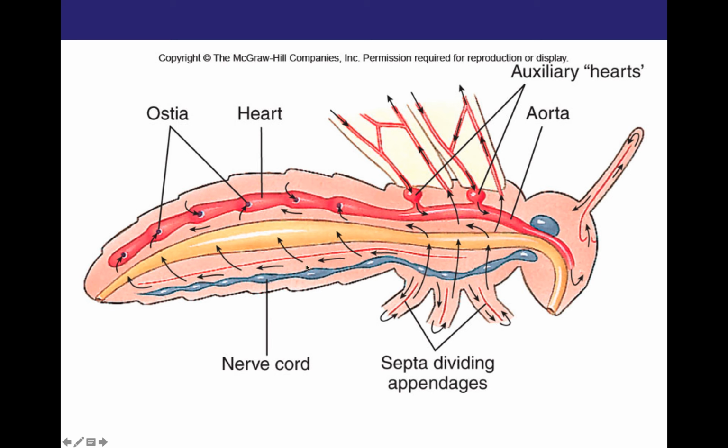Fluid is drawn into these openings called ostia. And then you have auxiliary hearts and hearts along the vessels that keep propelling the fluid up into the wings and then back into the cavity. The cavity itself in an open circulatory system is called a hemocoel.